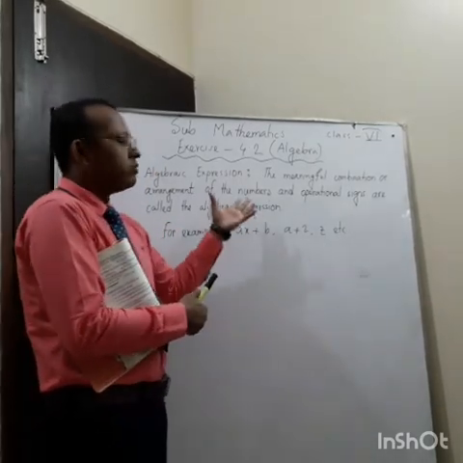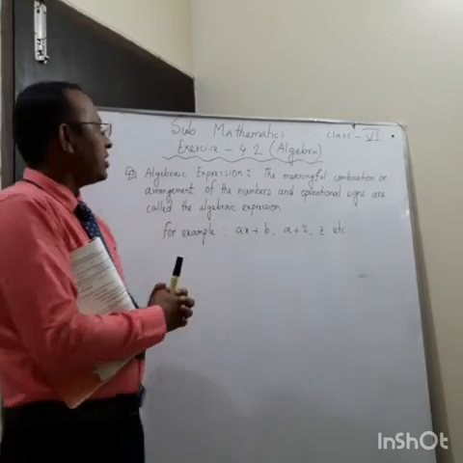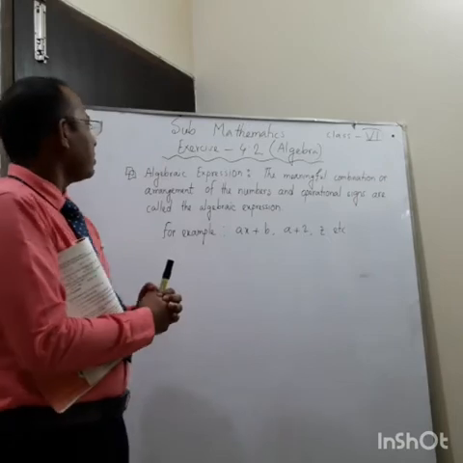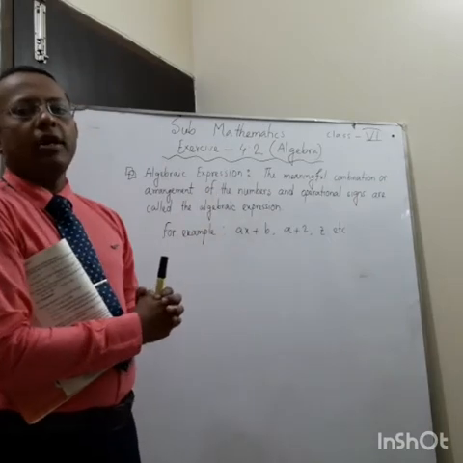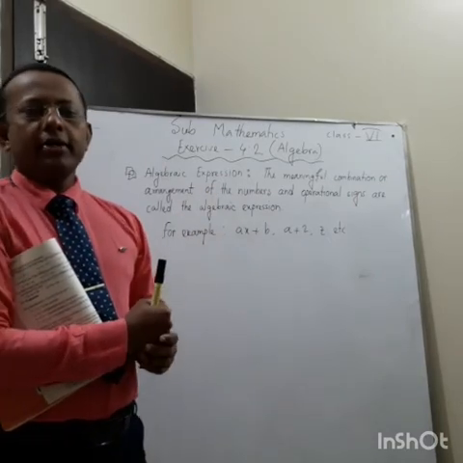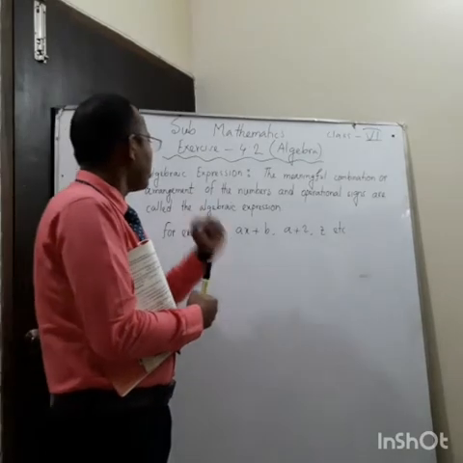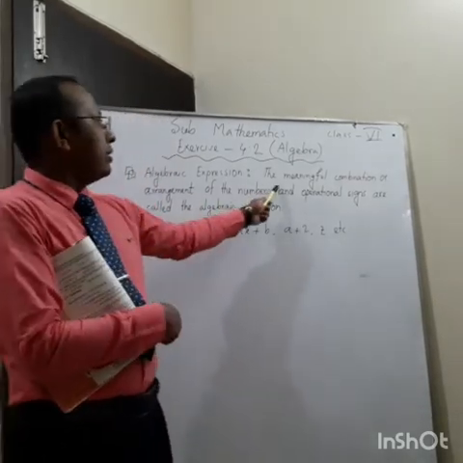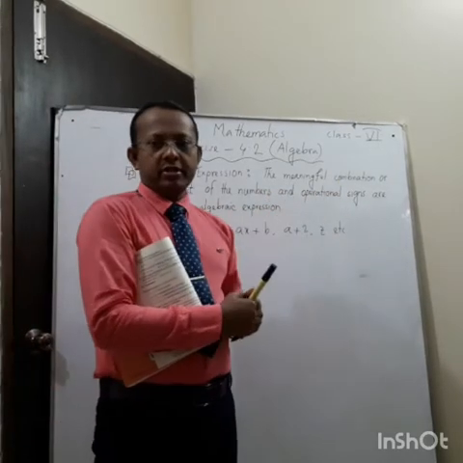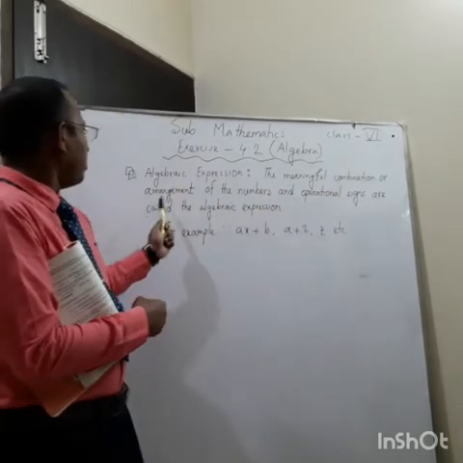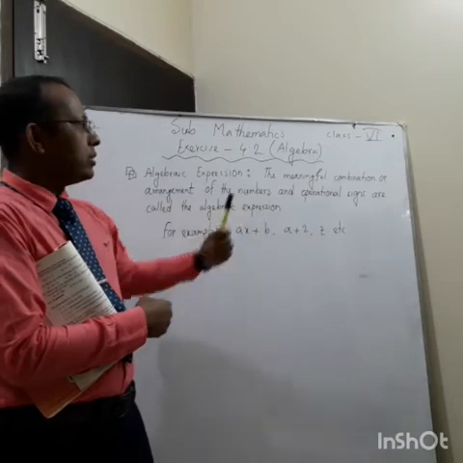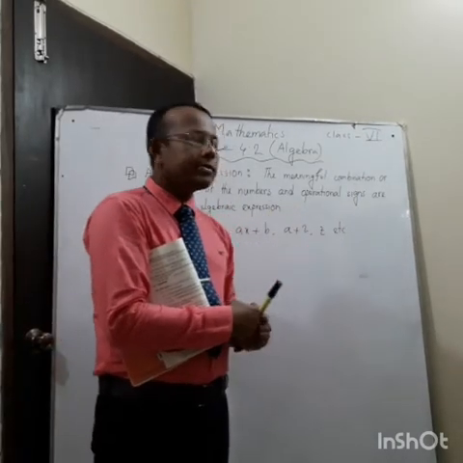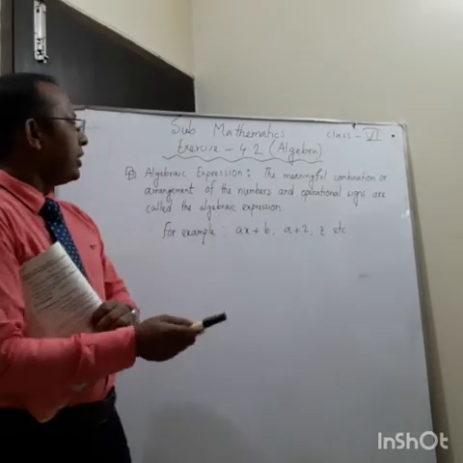According to the language of your textbook, firstly I would like to repeat the definition of algebraic expression. Later on, I would like to discuss the topic further. Here, it is written that the meaningful combination or arrangement of the numbers and operational signs is called an algebraic expression.